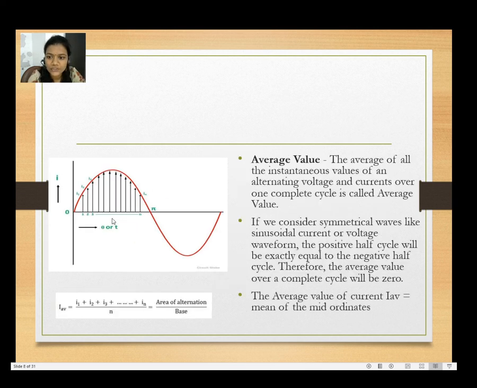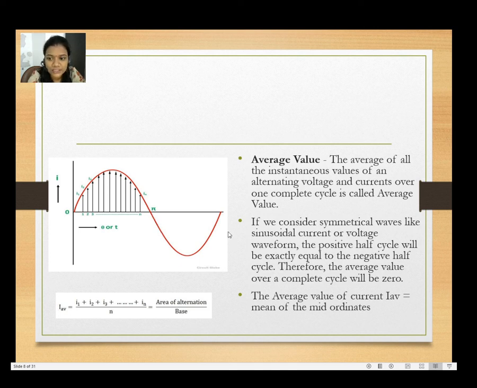Then what is average value? As we are seeing the alternating signal here, between 0 to pi there are a number of partitions. The average value is the average of all the instantaneous values, I1, I2 up to In, of an alternating voltage and current over one complete cycle, including positive half cycle and negative half cycle.